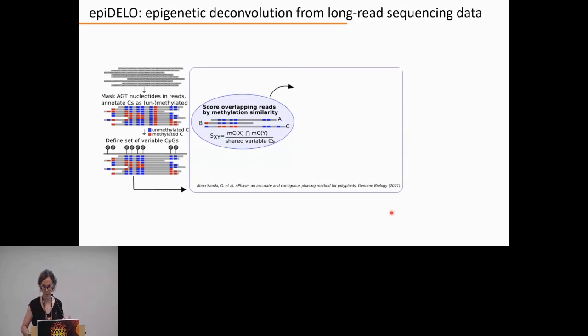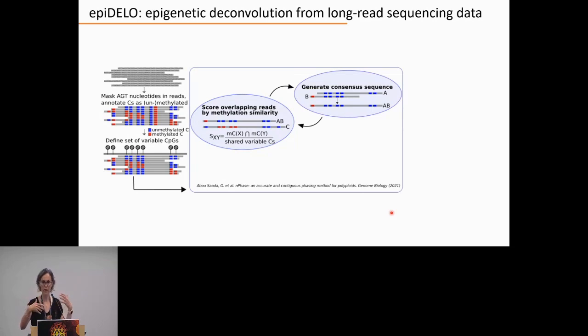their methylation level. What this algorithm does is take any two reads that are overlapping anywhere in the genome, and it scores how similar they are based on the cytosines on those reads. If two reads are very similar, they are condensed into a consensus sequence. And then this consensus sequence is put back into the pool of reads.